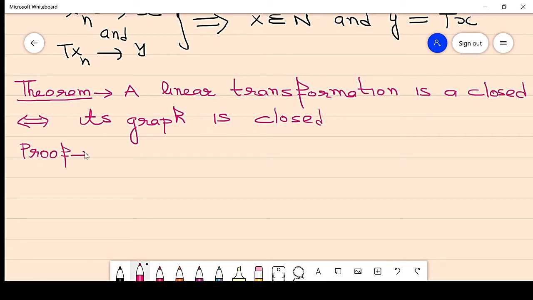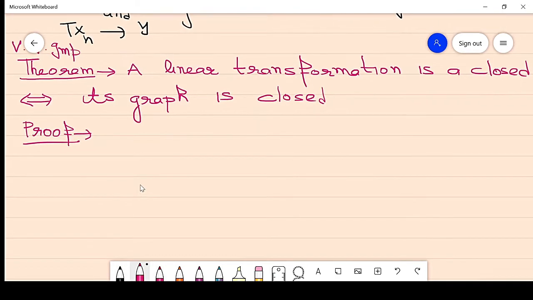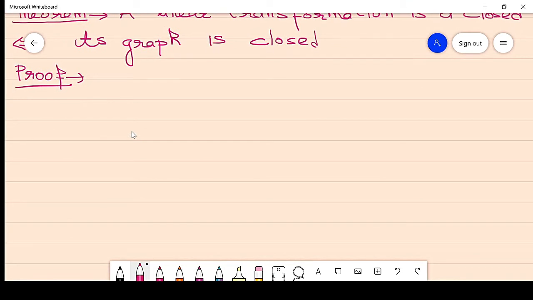So this is a very important result, expected for examination. A linear transformation is a closed linear transformation if and only if its graph is closed.